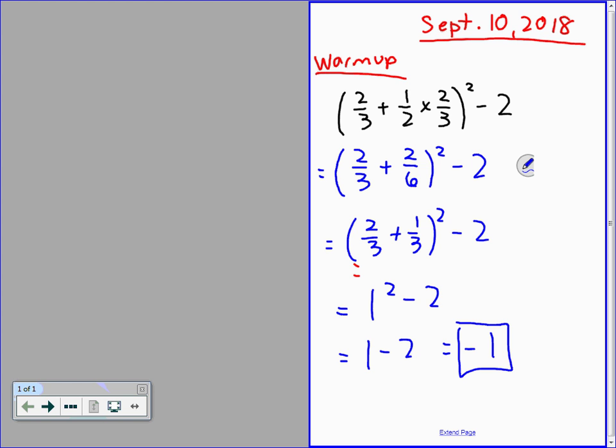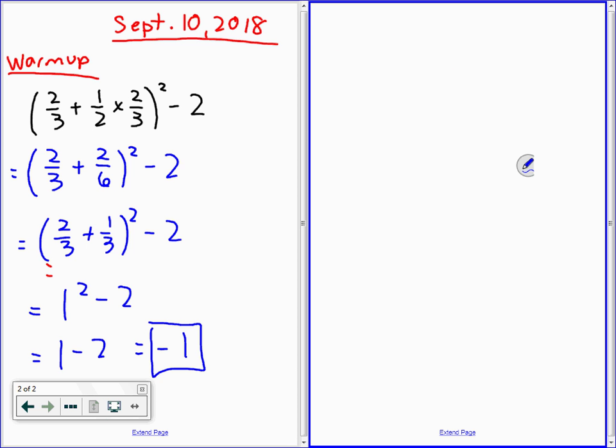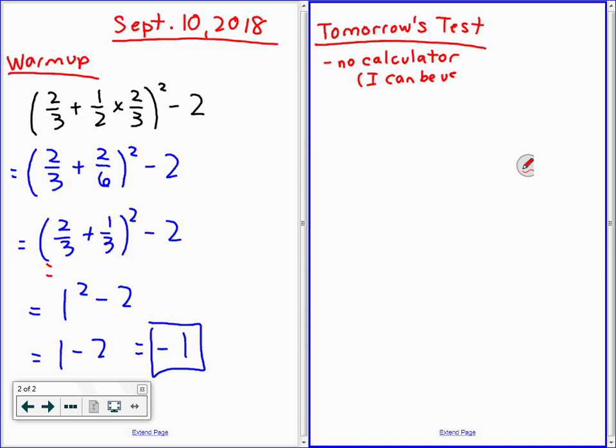Okay, here we go. Let's keep going here. Let's talk about tomorrow's tests. You get no calculator. It can be used for big multiplications or division.